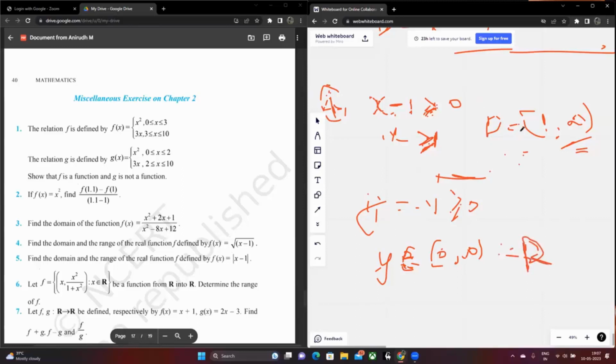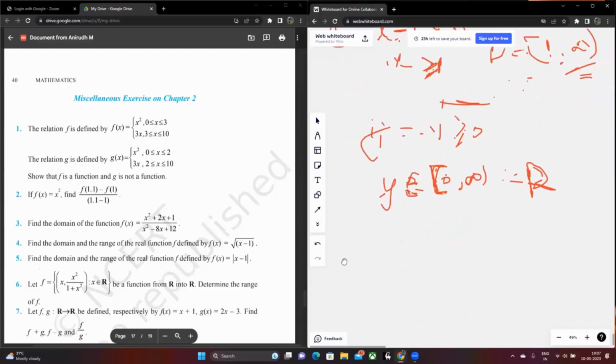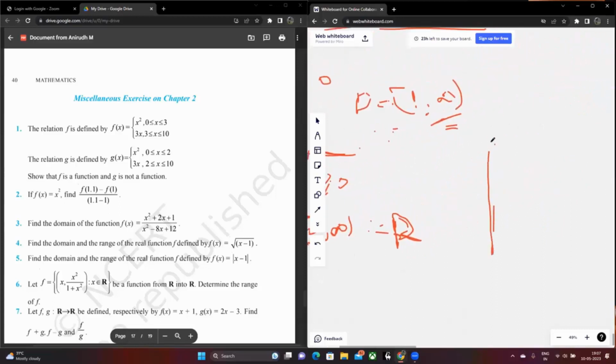So your domain D is 1 comma infinity, 1 is included, and the range is 0 to infinity, 0 is included. This is a square bracket. That's your 4th question. If you want to graph it out, you see that this is the positive half of the parabola y square equals x minus 1.